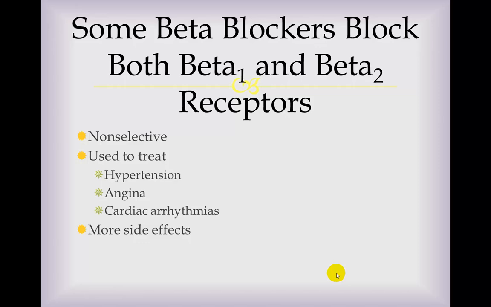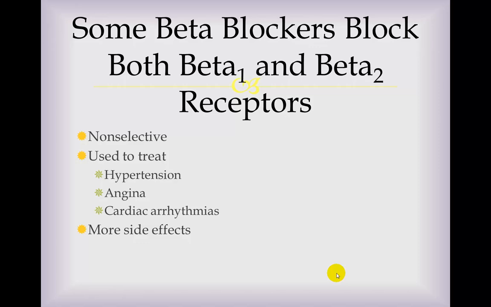And how does it treat cardiac arrhythmias? Again, I'm slowing the heart rate. If I impact the electrical conduction, then that is going to hopefully cause whatever poor impulse is happening to stop, and I get a regular rate and rhythm.